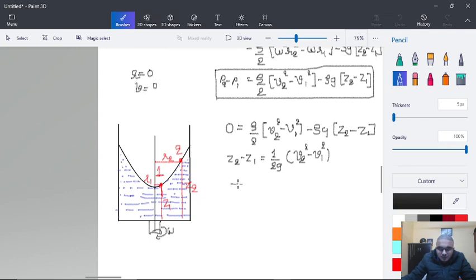So finally we are having Z2 minus Z1 is equal to 1 upon 2g V2 square, which can also be written as 1 upon 2g omega square R2 square.